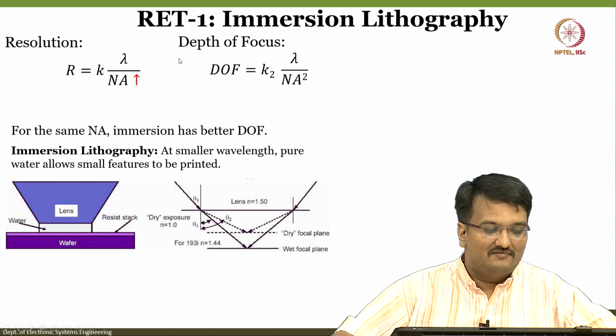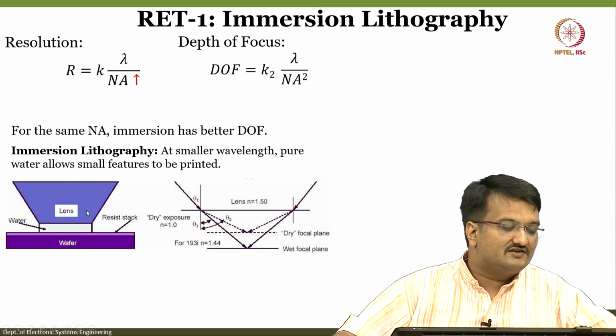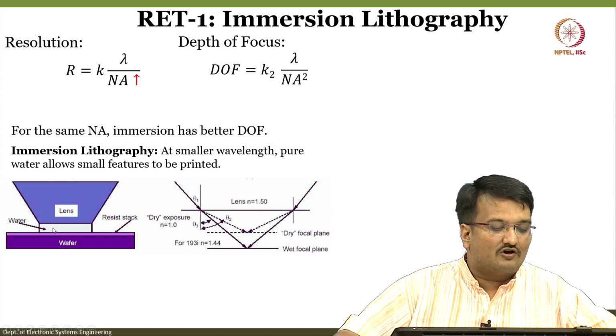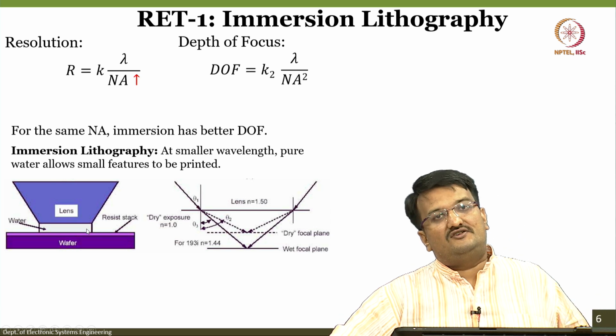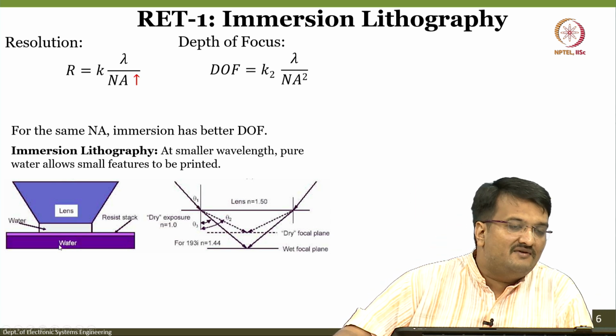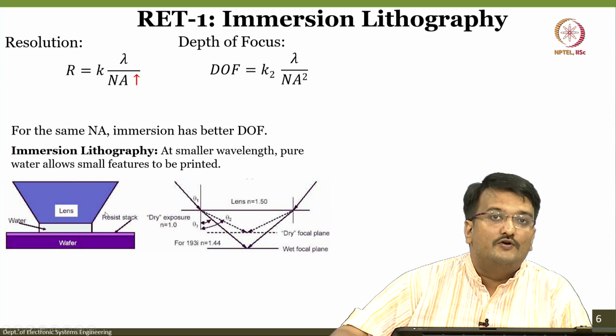By changing the medium. Very simple: you see this is your lens and this is your wafer on which resist is stacked. When I say lens, I am talking about the objective lens. In between, so far, whenever we have not mentioned it, it is air. But what if we change the medium from air to some fluid?